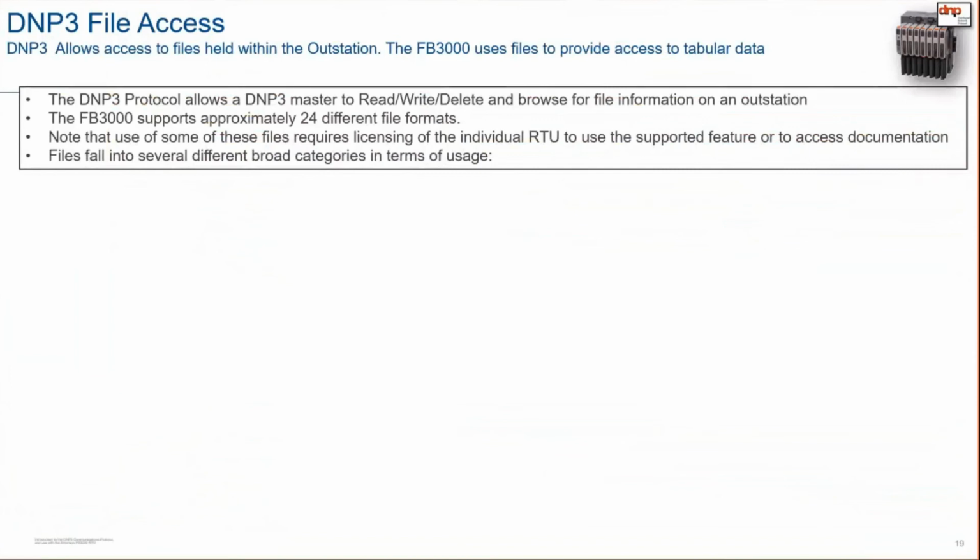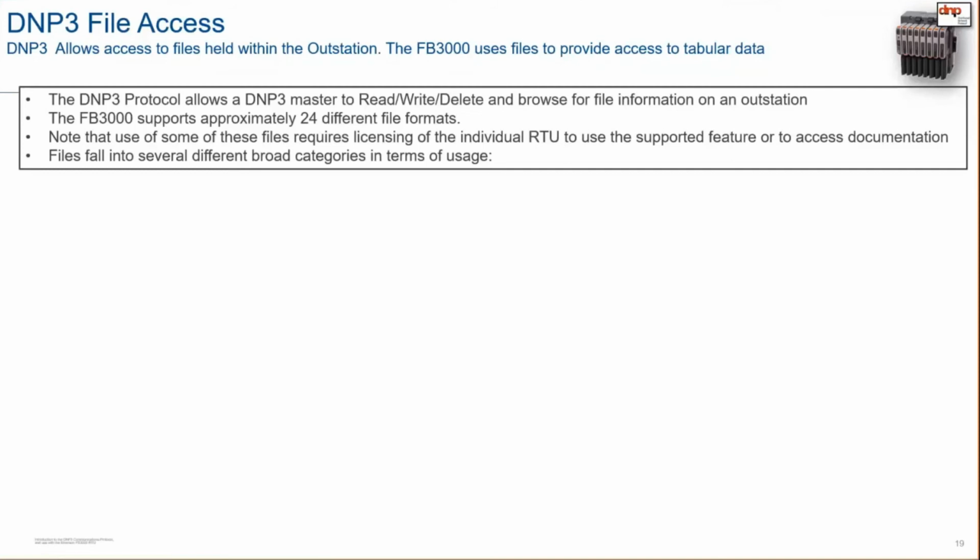The DNP3 standard allows access to files that are held in the outstation, and the FB3000 uses these files to provide access to tabular data. The protocol actually allows the DNP3 master to read, write, delete, and even browse for files that are held on the RTU. In order to support the functionality that our customers need in the oil and gas business, we've added 24 file formats to the device, and they're documented.